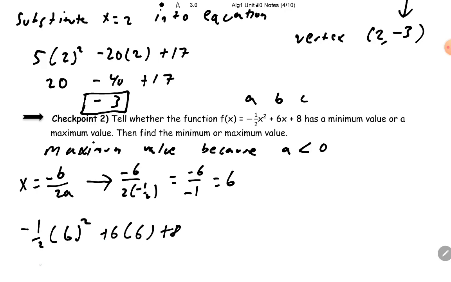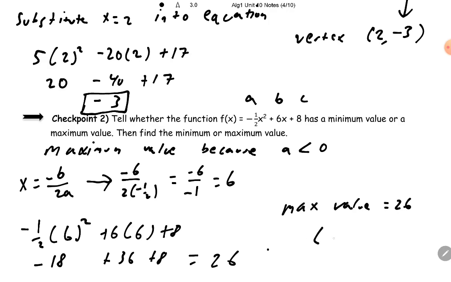So this is 1/2 of 36, so that's negative 18 plus 36 plus 8, and we'll get this equal to be 26. So my maximum value is 26. If I want to look at my vertex, it's 6, 26.